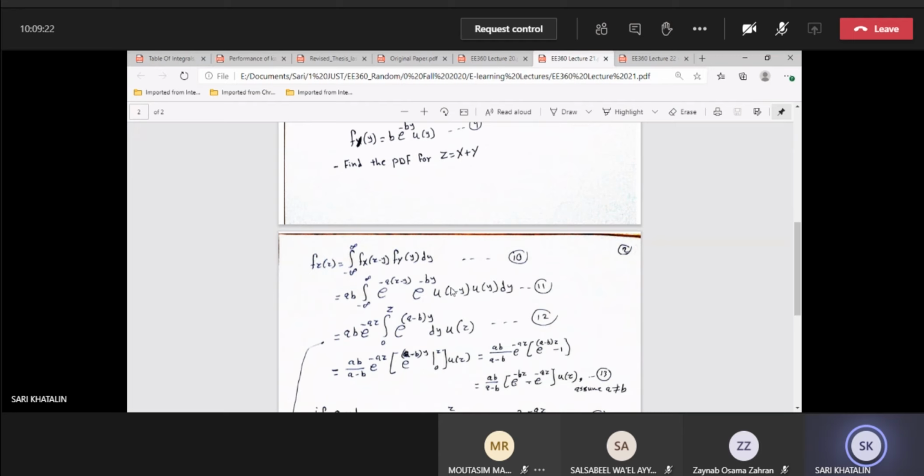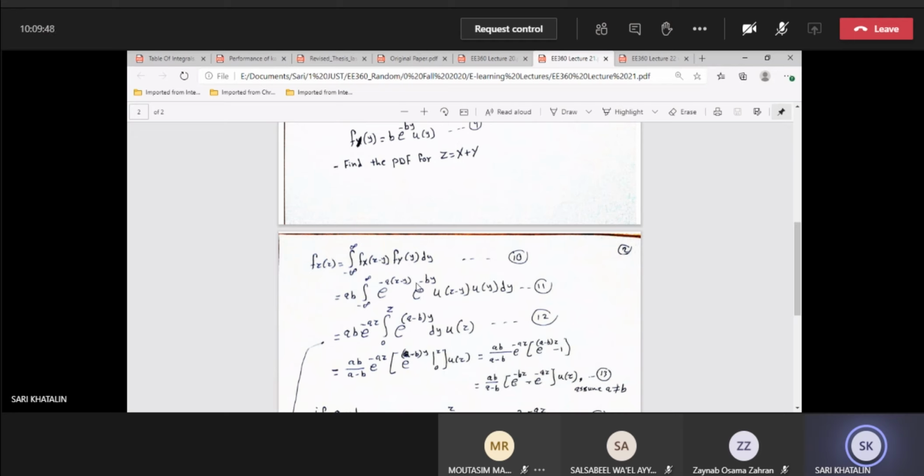But by looking at this unit step of Z minus Y, if Y is equal to Z, the unit step is going to be 1. But if Y is larger than Z, it's going to be 0. So that's why the integration is going to be from 0 to Z.